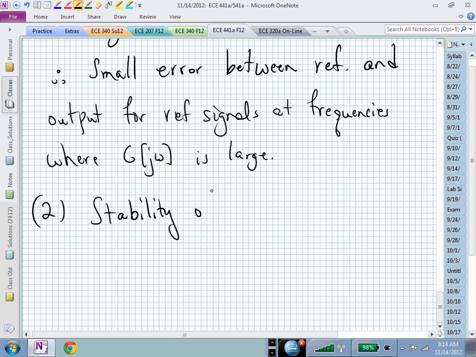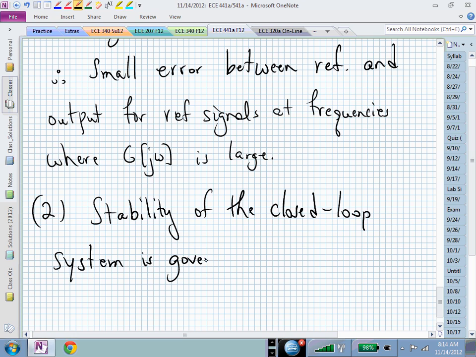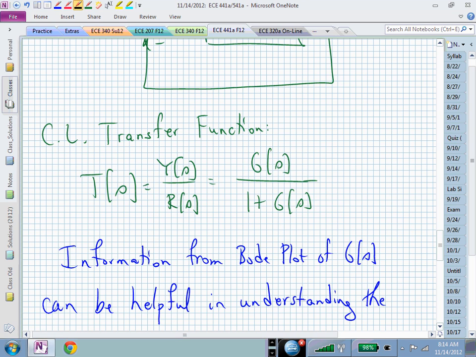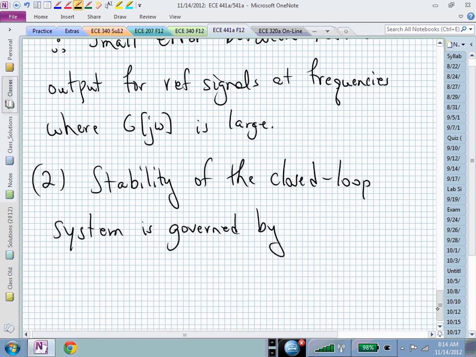So the stability of the closed loop system is governed by what? What have we always been looking at when we talk about the stability of the closed loop transfer function? We're looking at the denominator, aren't we? So we're looking at this 1 plus G of s.